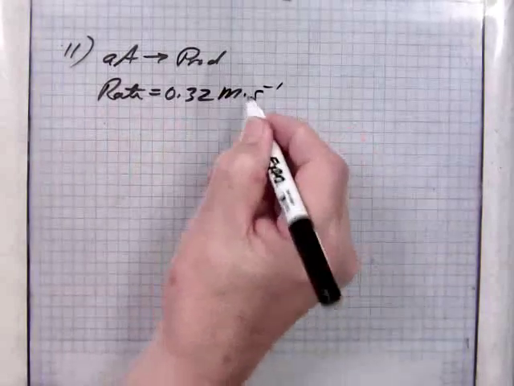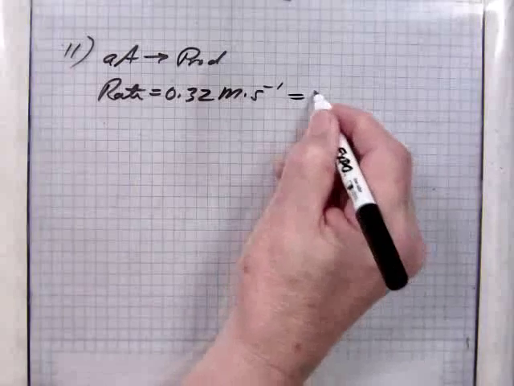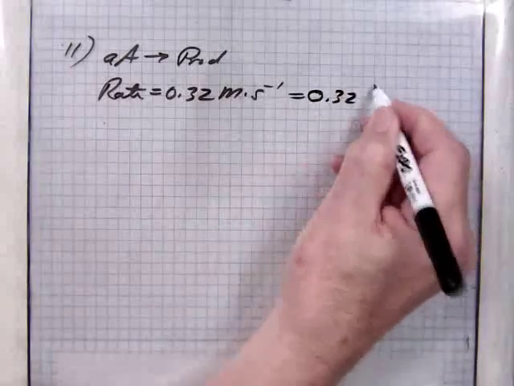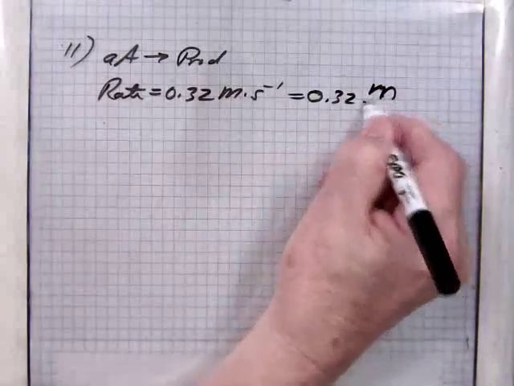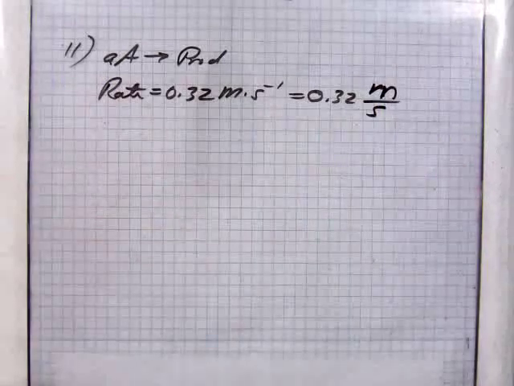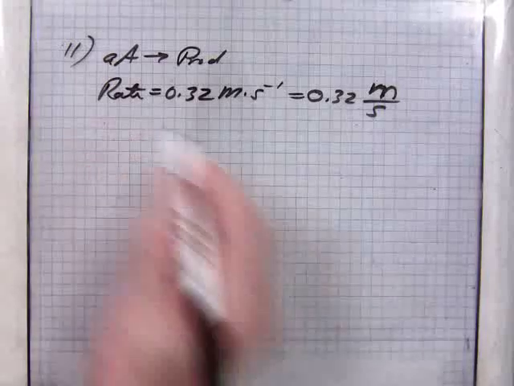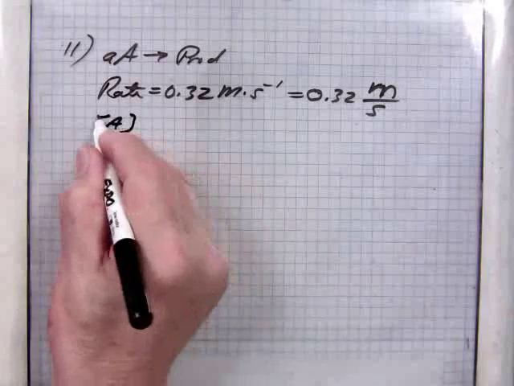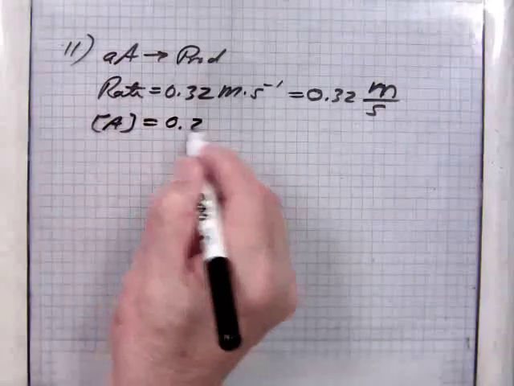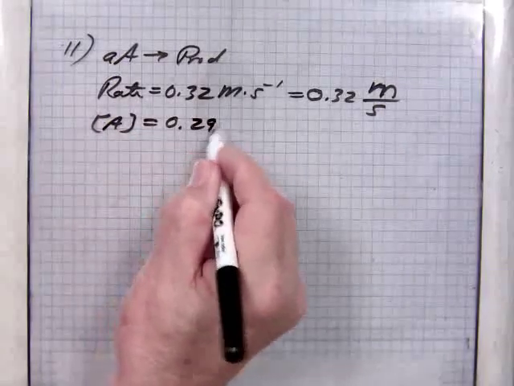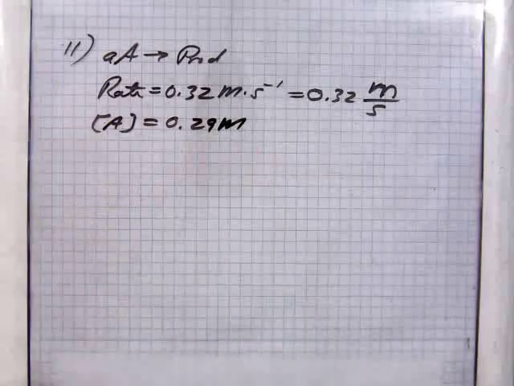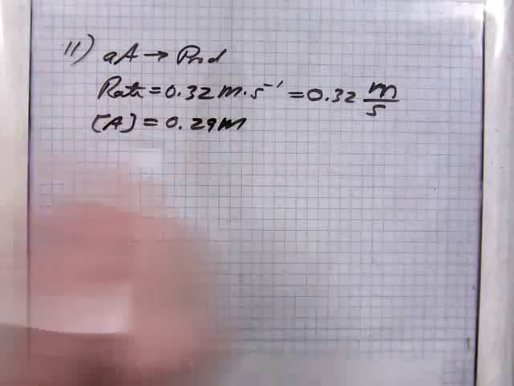Well, what does that mean? That is 0.32 molar per second. Look at it like that. When the concentration of the reactant is 0.29 molar, okay, so A equals 0.29 molar. What is the rate constant for this reaction?